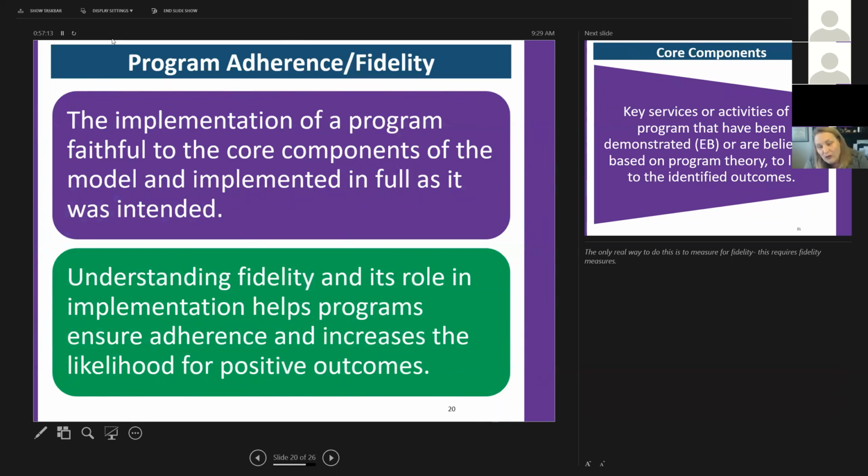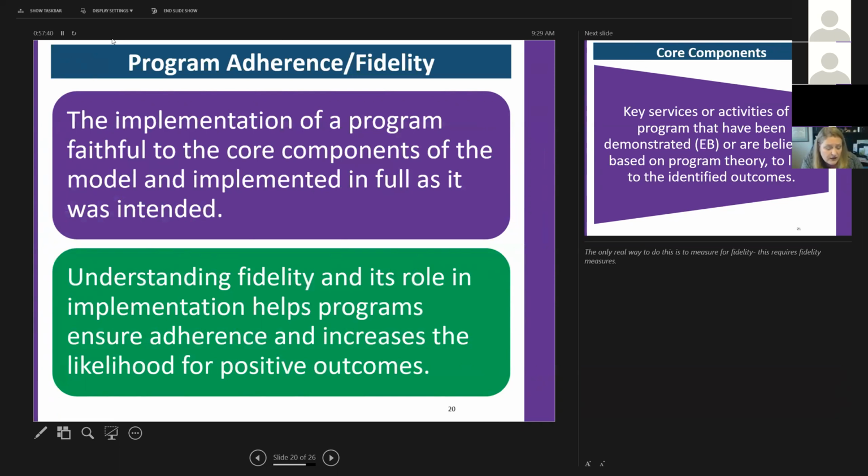No matter what you're doing, whether it's a really rigid evidence-based model or it's something that you've designed, you should be practicing program fidelity. You should absolutely be implementing the program and its core components as it's intended. And if you're not measuring for that, then you're going to likely have problems down the road.